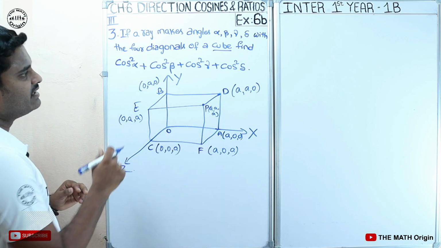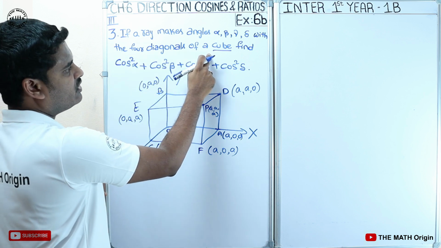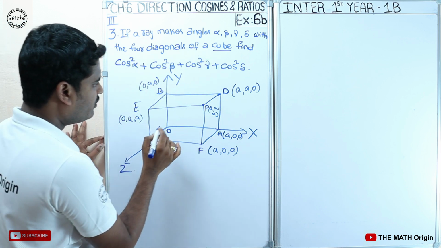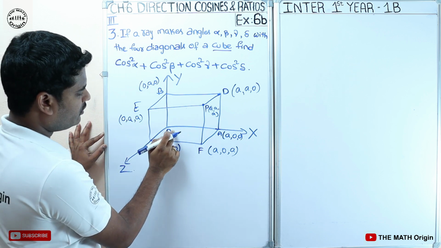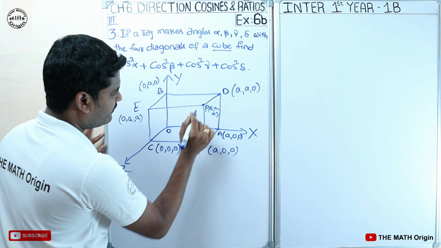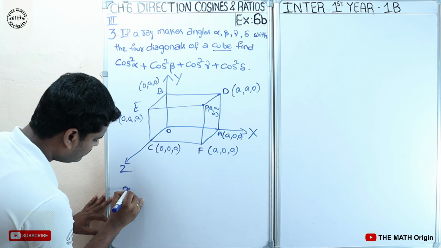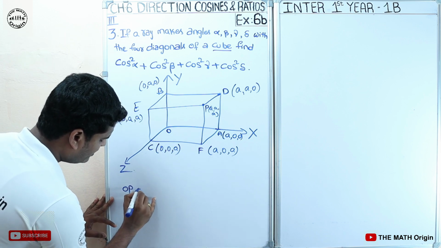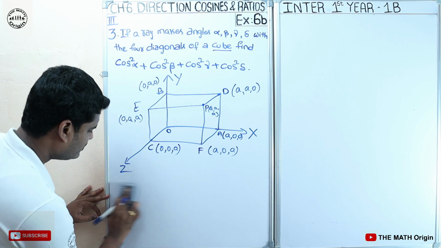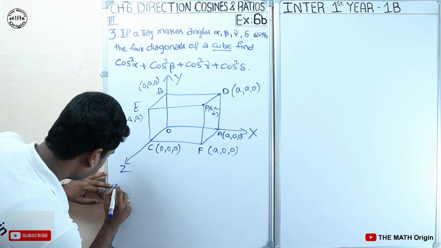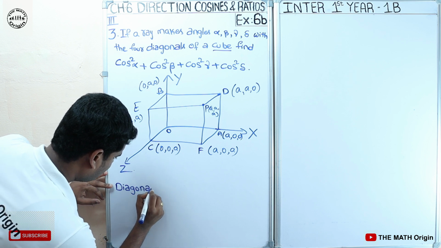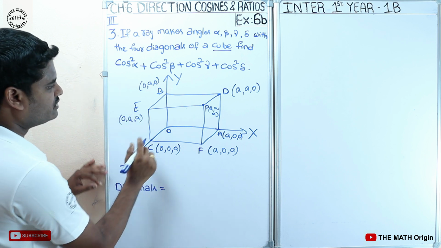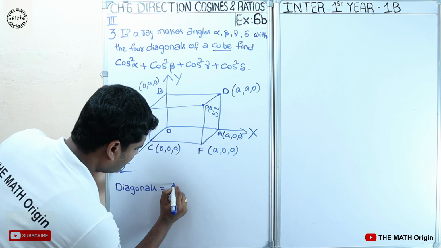Now let's see. They mentioned the four diagonals of a cube. First, from origin to P: OP is one diagonal.